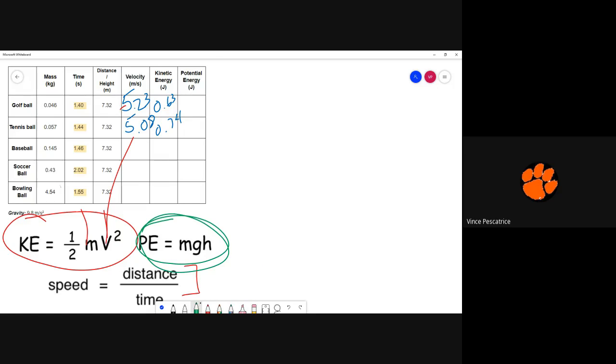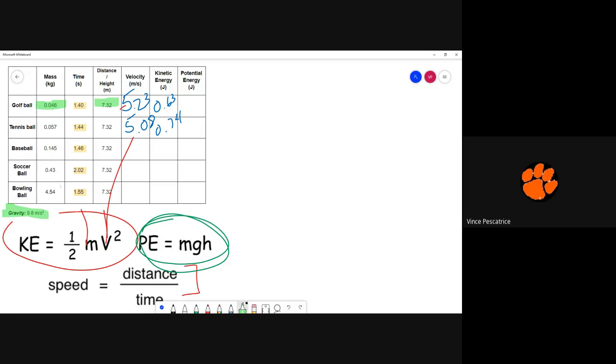All right, you don't have to calculate anything first, so you could do this straight away if you wanted to. You have the mass times gravity. All right, and remember, gravity is 9.8 meters per second squared, and I put that down here for you so you don't forget about it, times the height.